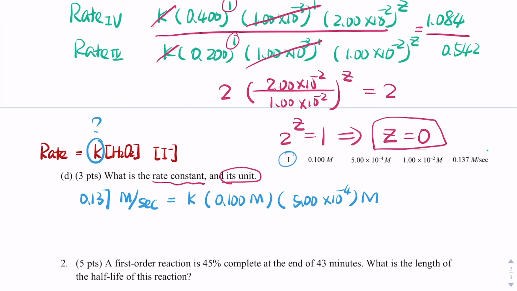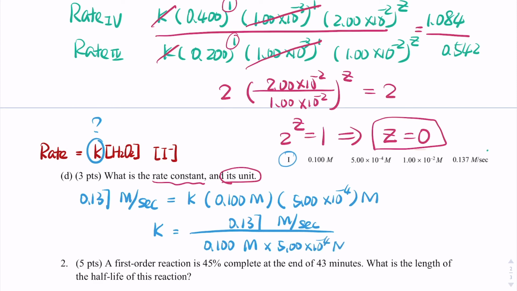So k will equal 0.137 molar per second divided by 0.1 molar times 5 times 10 to the negative 4 molar. You see, molar got cancelled out once, and then let's do the calculation.